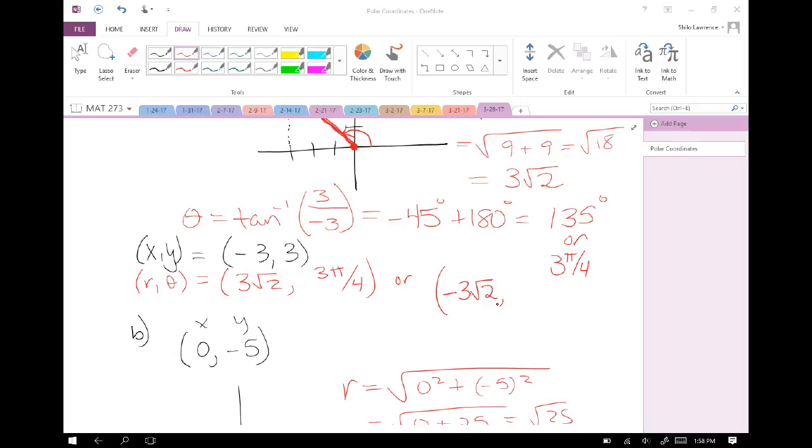Or add 180 degrees, which is equivalent to pi. You could add pi to it. Pi is 4 pi over 4, so 7 pi over 4. So we're going 3 radical 2 units away from the 7 pi over 4 line. So negative r values mean move that many units away from that angle line, exact opposite direction.